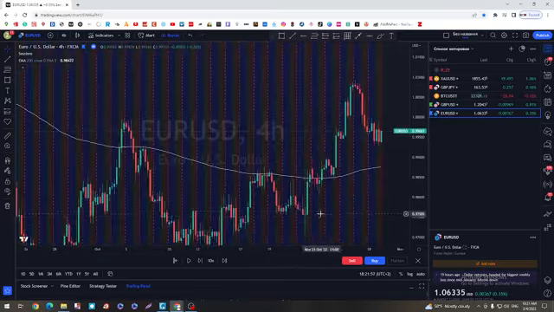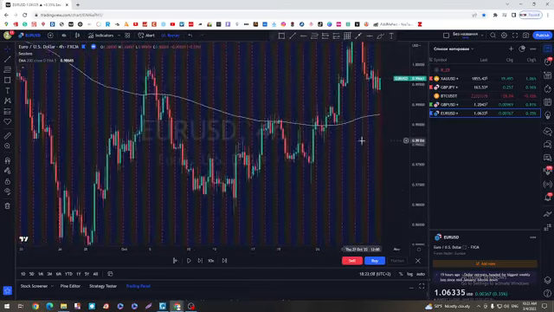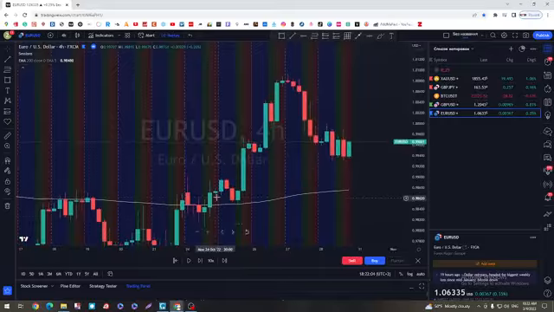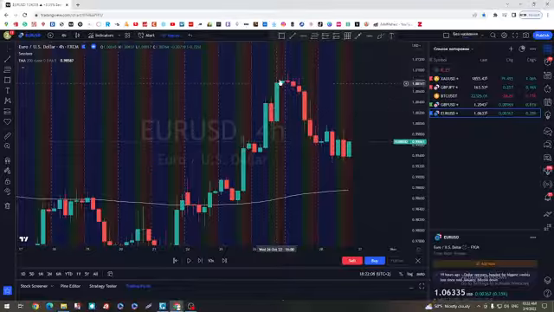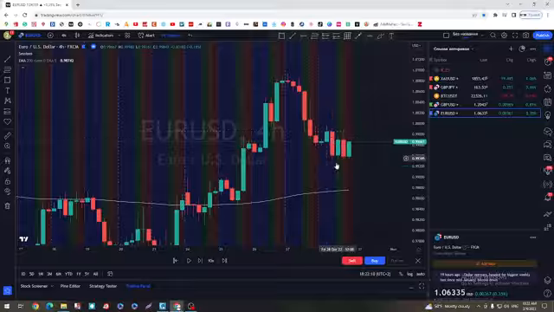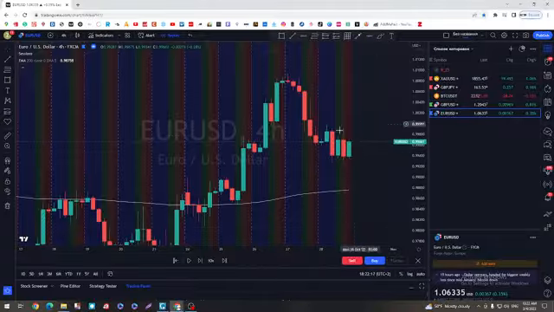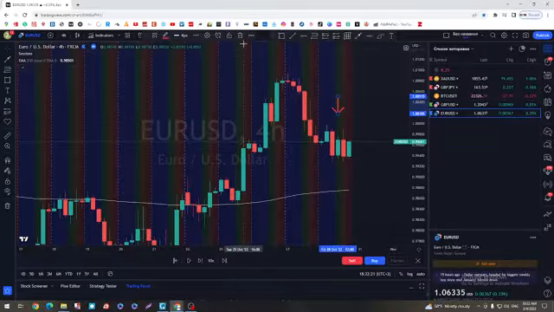I'm seeing that we're going up kind of, but in this case, what do we see? We see literally push, pullback, push, pullback, push, break of structure, push, pullback, push, pullback kind of, push, and it starts consolidating. So basically, my bias is still down, obviously, for now.